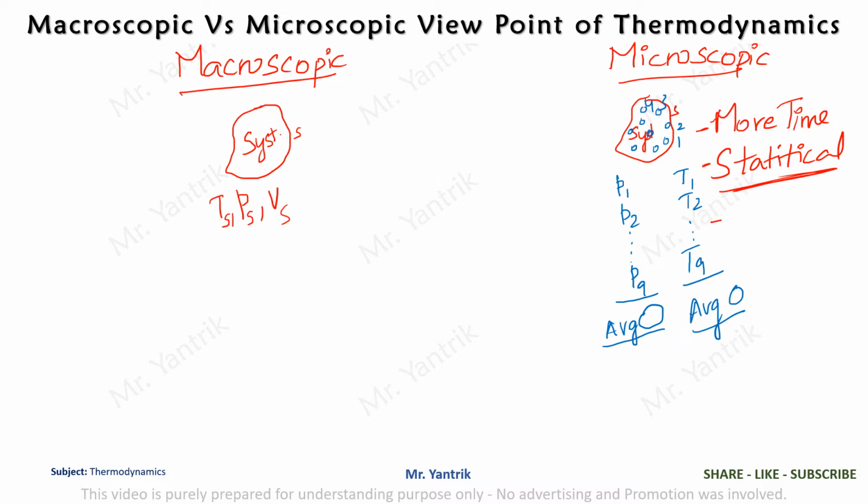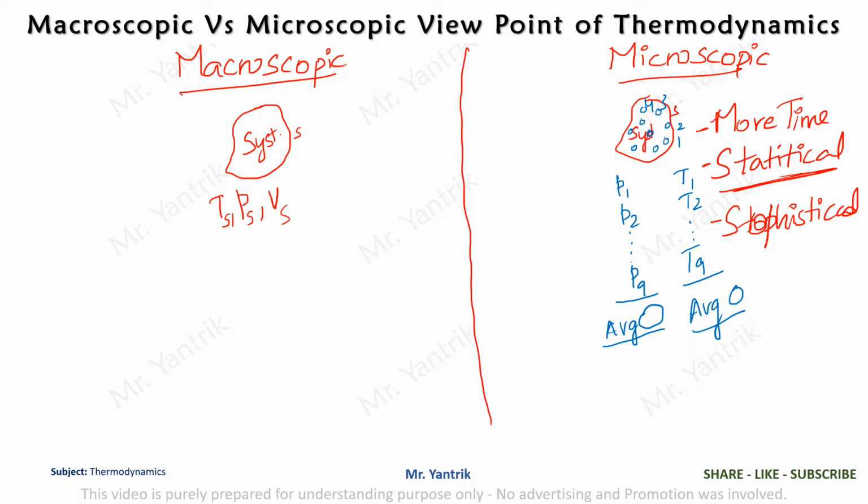And one more point is that a lot of sophisticated equipment needs to be used. So these are the main problems while going with the microscopic view. Whereas while going with the macroscopic view, what might the problems be?